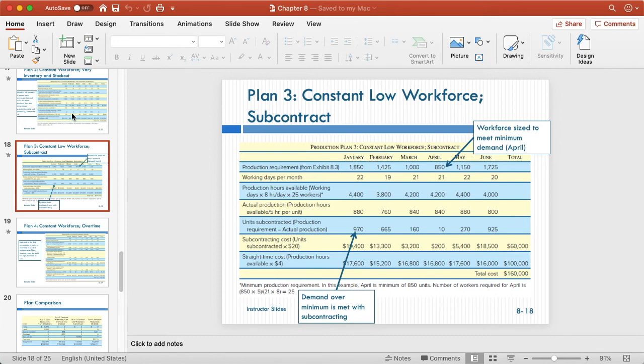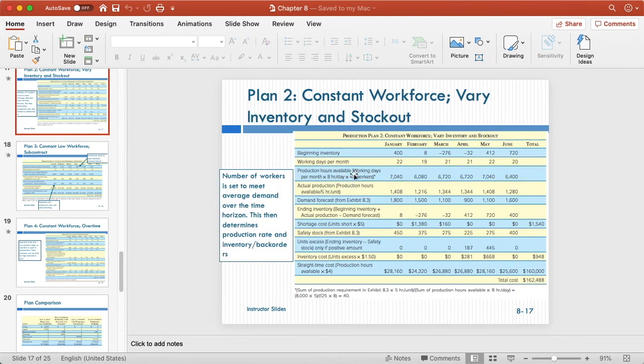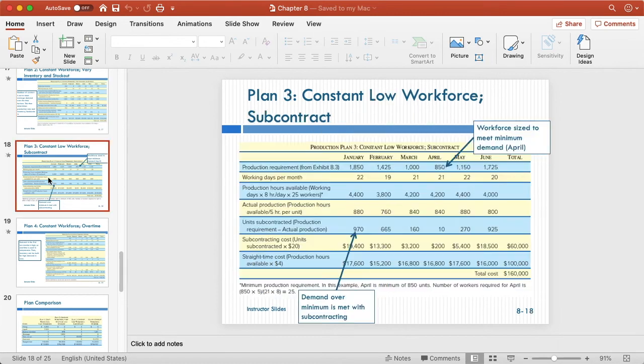Remember that in plan 2, when we decide how many workers we need, we consider all of the months. But here, since this is a constant low workforce, which month do we use instead of all of the months? We use April.